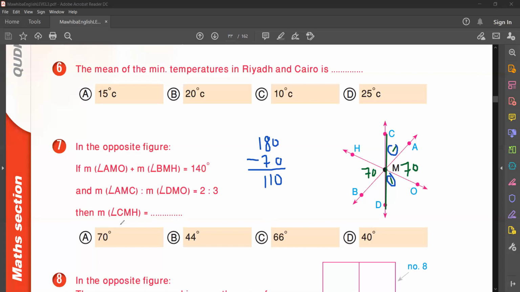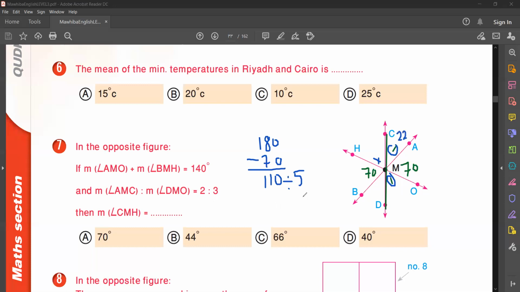He said to me CMH. Where is it? CMH. He wanted this. Now divided here by 5. 110 divided by 5 equals 22. So here 22.